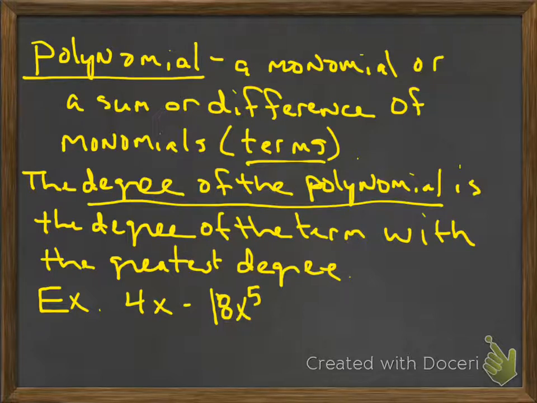The degree of the first term, 4x, is 1. But the degree of the second one, minus 18x to the fifth, is 5. These two monomials are separated by minus, so keep in mind this polynomial has two terms. The degree of this polynomial is 5 because the term with the greatest degree was 5.